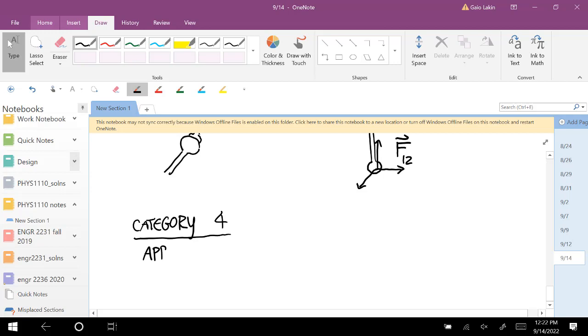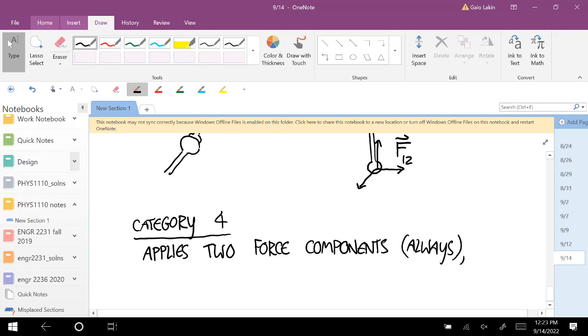It applies 2 force components always, and 2 couple components sometimes.